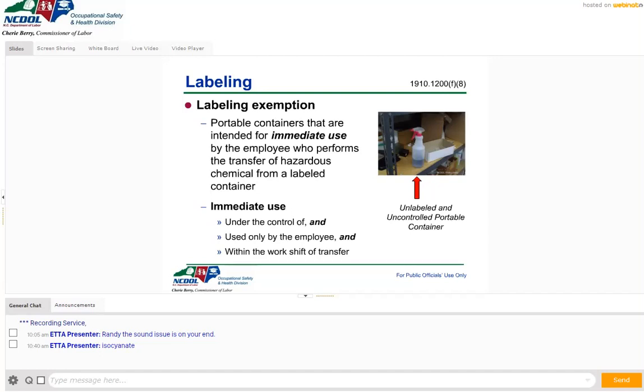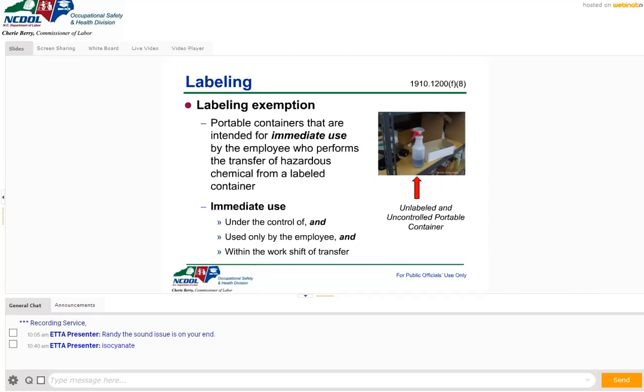If they leave it, it's not fine, because the employee serves as a warning to somebody around them, says, don't mess with this. This container contains acetone or sulfuric acid or whatever. So again, if you have a container that's controlled, used only by that person within the shift, and it's all used up, you're fine.